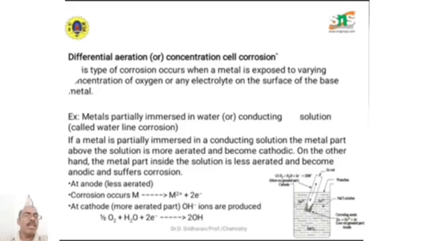So the more aerated surface acts as the cathode, and the less oxygenated surface acts as the anode. On this principle, the metal gets corroded. This type of corrosion is differential aeration or concentration corrosion.